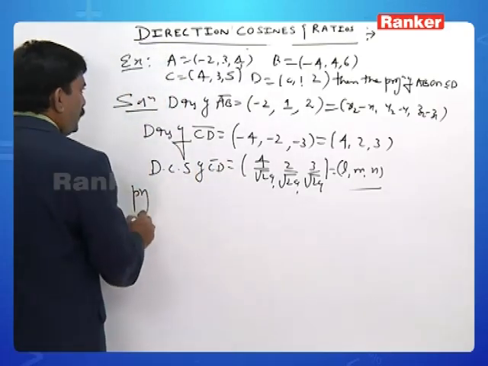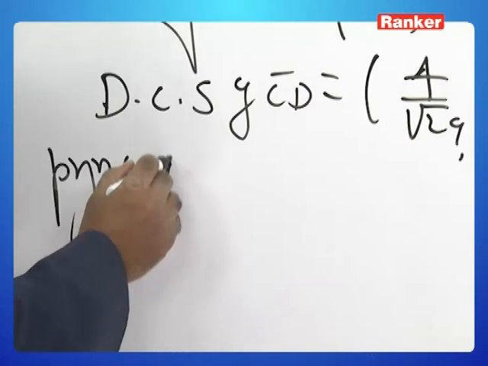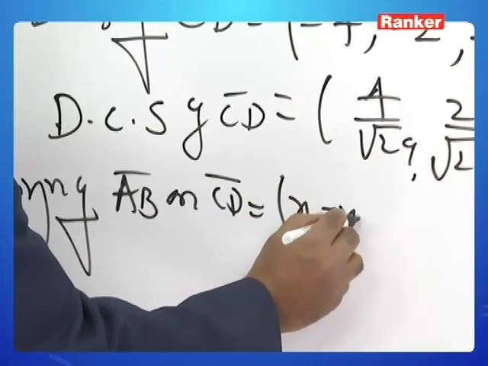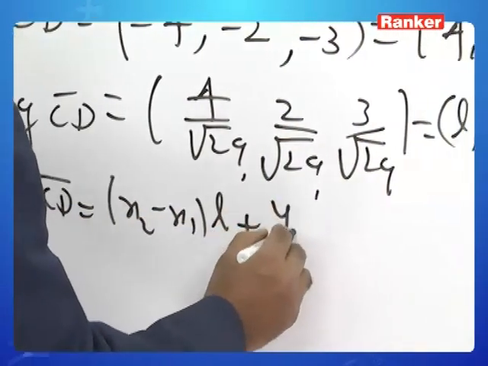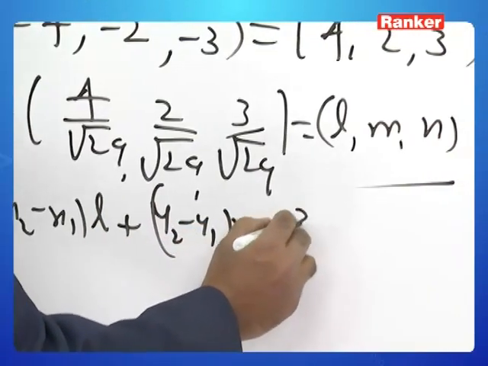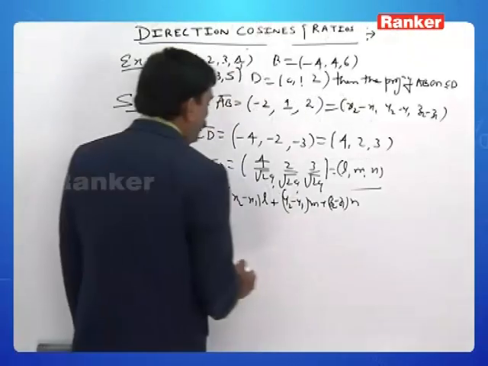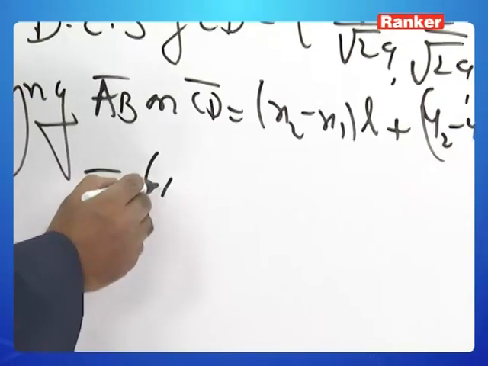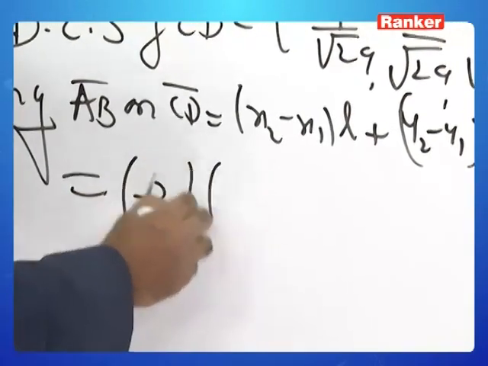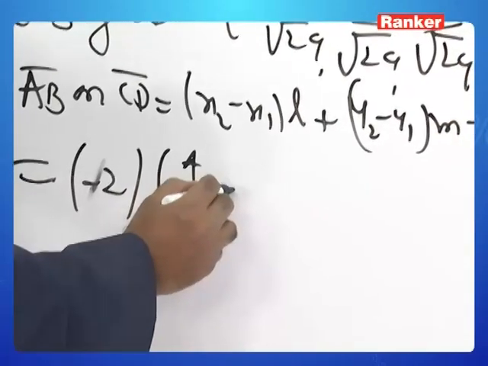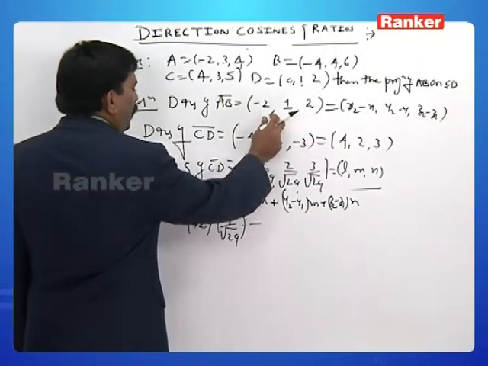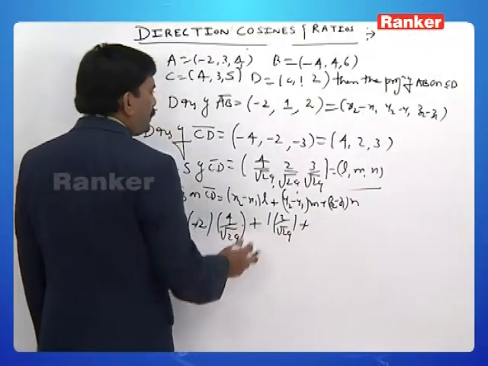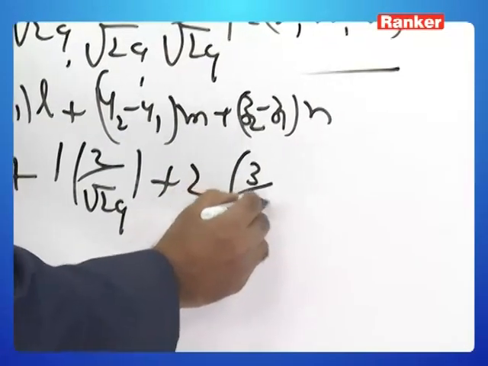The projection of AB bar on CD bar is given by (x2 minus x1) into L, plus (y2 minus y1) into M, plus (z2 minus z1) into N. Therefore, this is minus 2 into 4 by root 29, plus 1 into 2 by root 29, plus 2 into 3 by root 29.